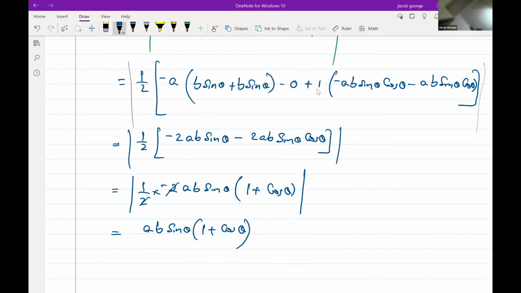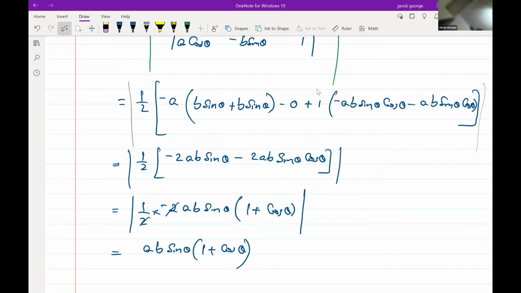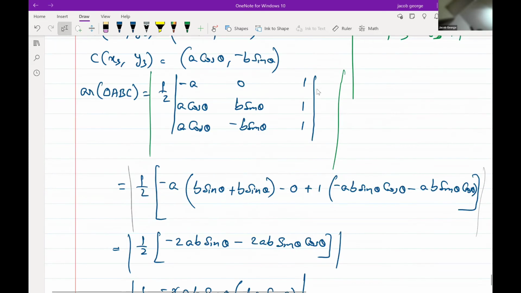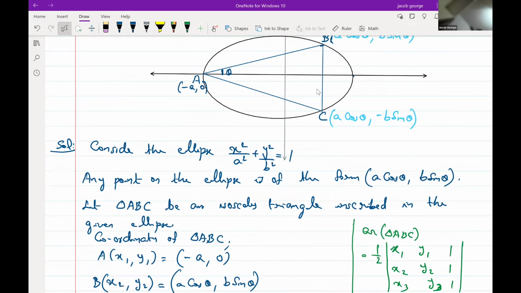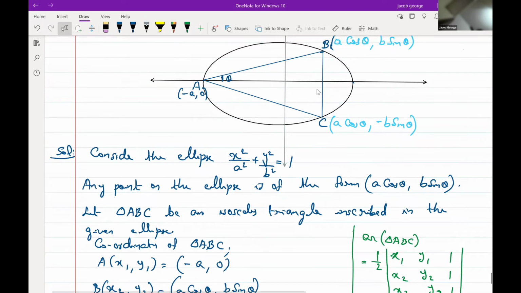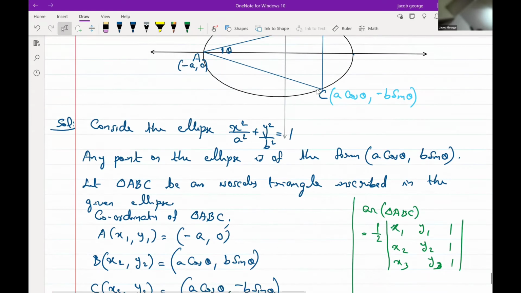So did all of you understand this one? For this question, the only problem is to remember that coordinate form in the ellipse, a cos theta, comma, b sin theta, and put the sign according to the quadrant. Here one point was in the first quadrant and the other one in the fourth quadrant. One of the points is minus a, 0, the end point of the major axis.